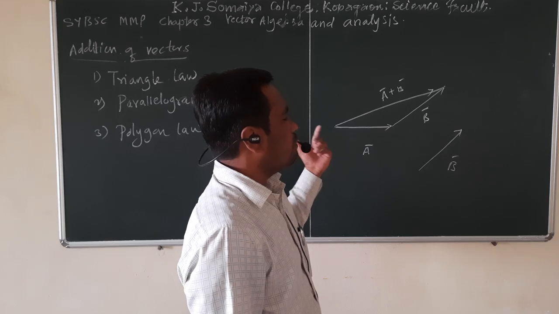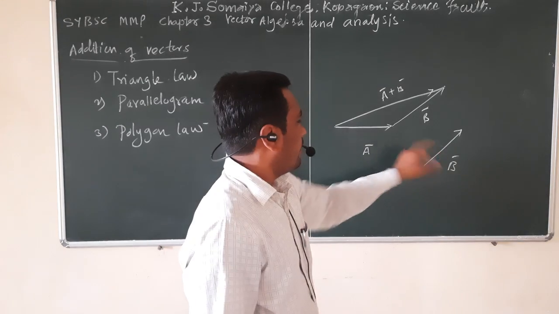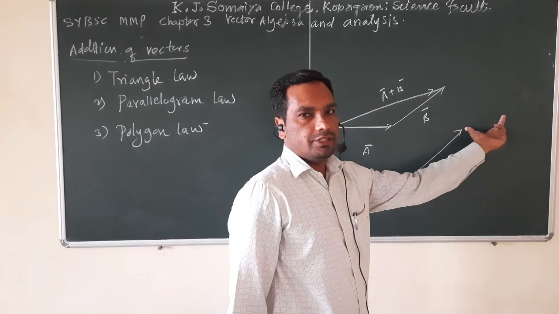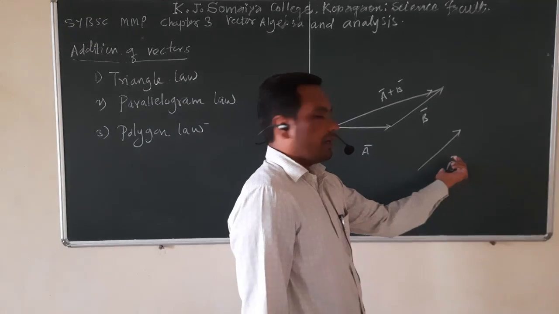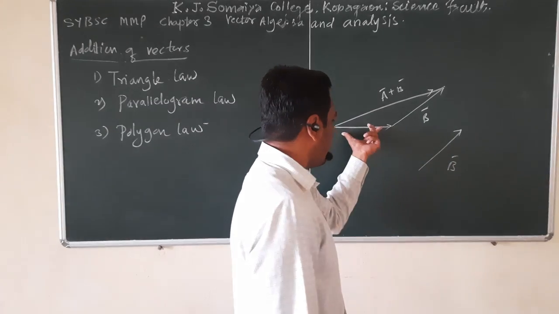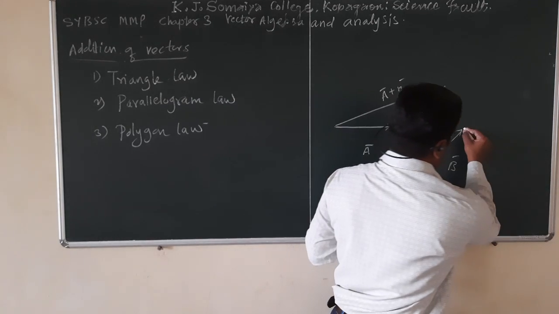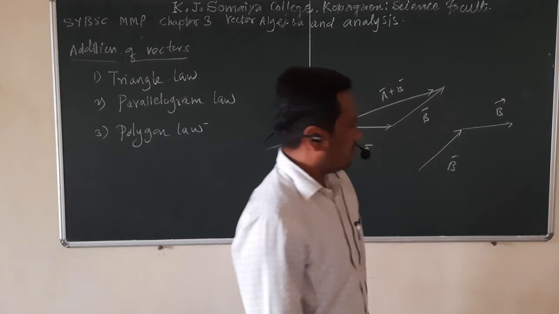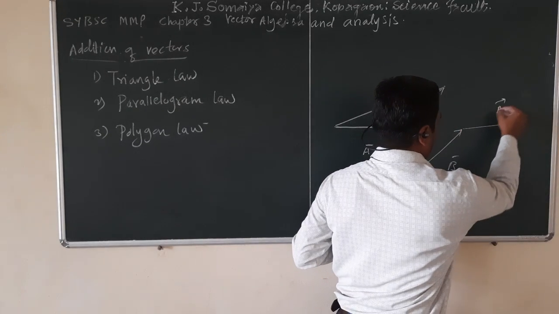Now if you want to keep this vector as it is and take vector a here and add these two vectors, how will it work? Suppose I keep vector b as it is and I take vector a and put it over here. Sorry, this is vector a.